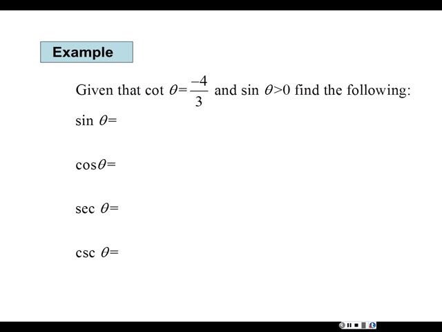We don't encourage you to memorize all of this, but at least you should remember how you get sine, cos, and tan. If you remember those three, you will be able to find everything else.